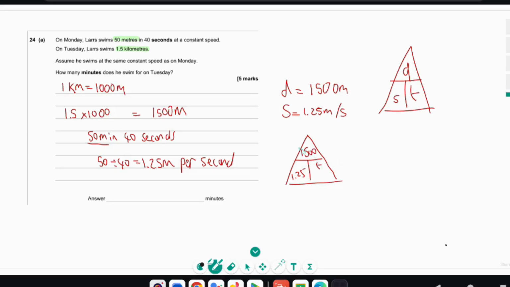To get the time, because you've got one above the other, we need to divide. So 1,200 seconds. But we need to get that into minutes. 1 minute is equal to 60 seconds. So let's divide that by 60. Gives us 20 minutes.